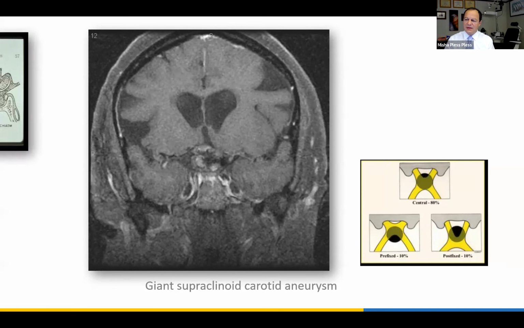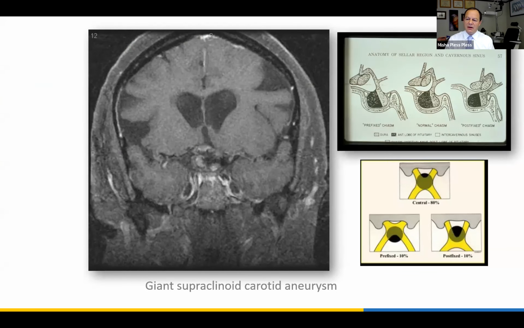And here the issue is, again, where do these lesions impact the optic apparatus? Very important to note that every person's anatomy is different than the next person. And lesions of the sella and the suprasellar cistern impact the chiasm in different ways.